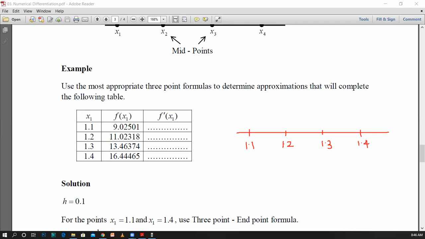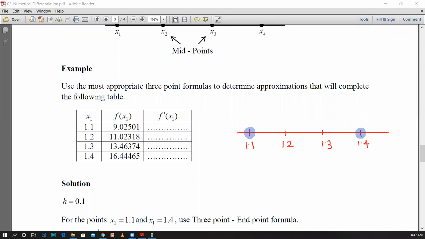If you consider the first case, the 3-point endpoint formula, you can apply it to get the value of f dash x at this point, and you can use it to obtain the value at this other point.